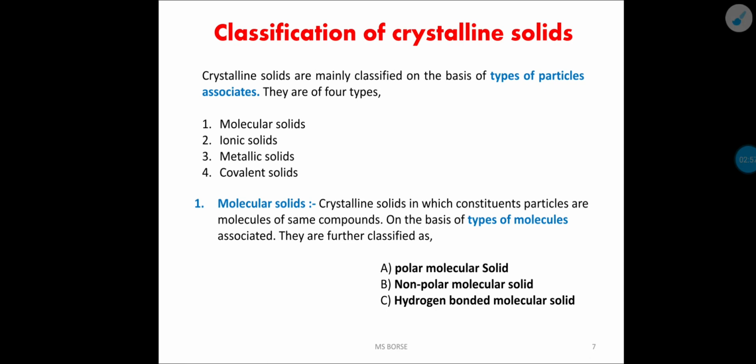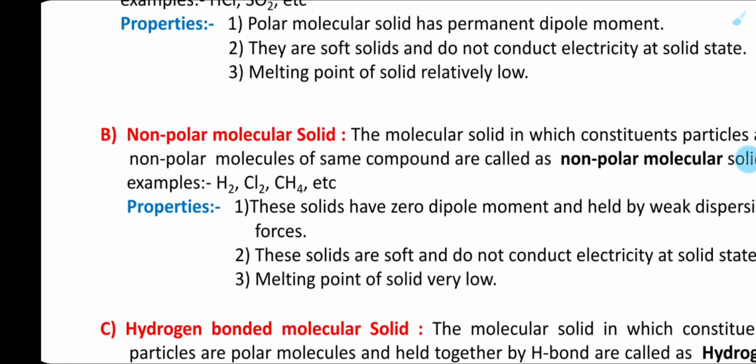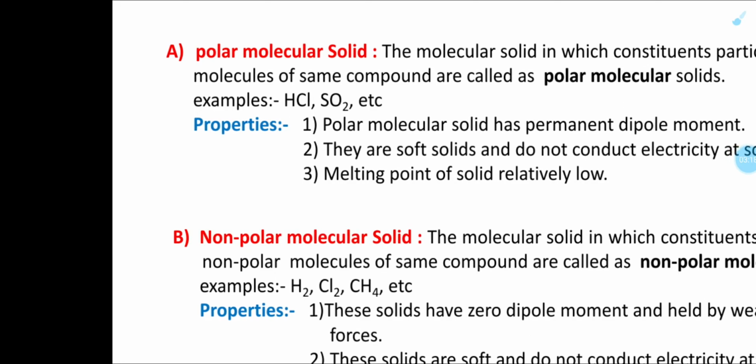If molecules are non-polar, then we call it a non-polar molecular solid. Or the molecules are polar but have a definite or specific hydrogen bonding structure in crystal form, called a hydrogen bonded molecular solid. So let us see one by one with their examples.